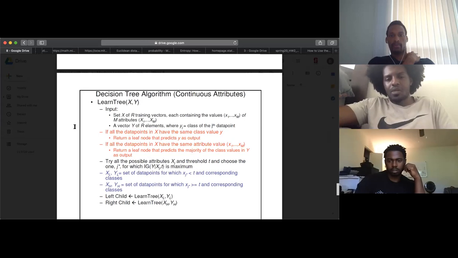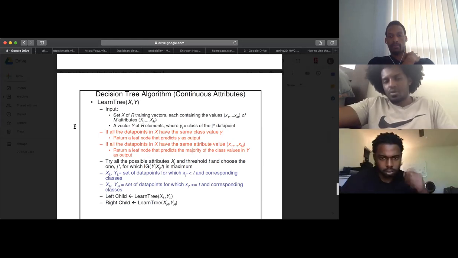Now, if all of the data points in X have the same attribute values, then you return a leaf that predicts the majority of the class values.